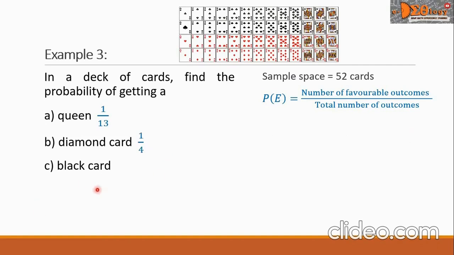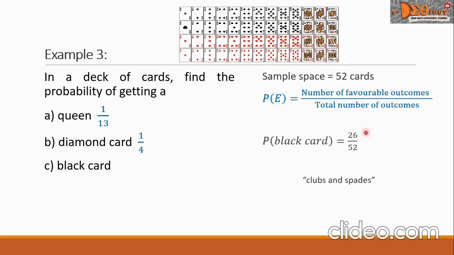Finding the probability of getting a black card. So we write P of black card. This is equal to 26. When we say black card, it means the group of clubs and the group of spades combined. So that is 13 plus 13.